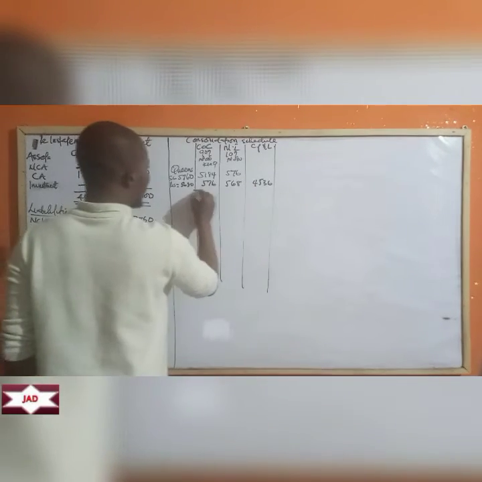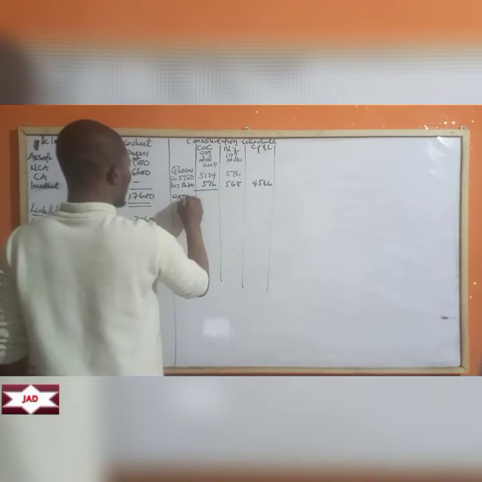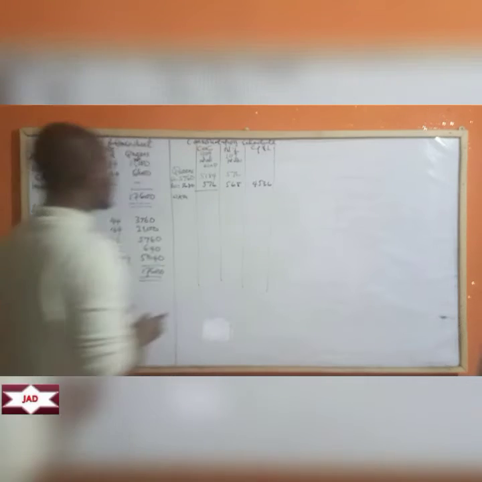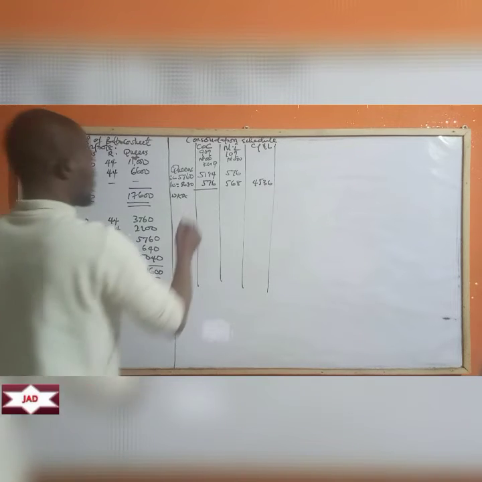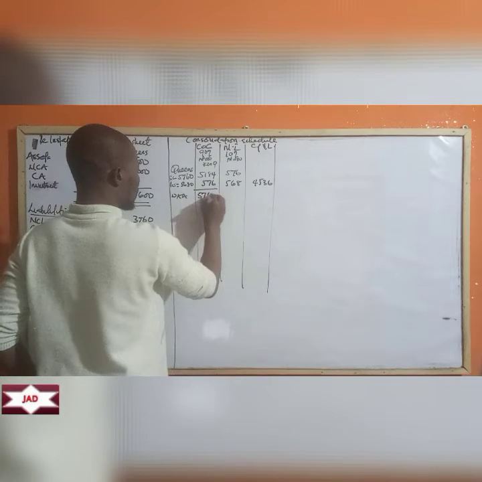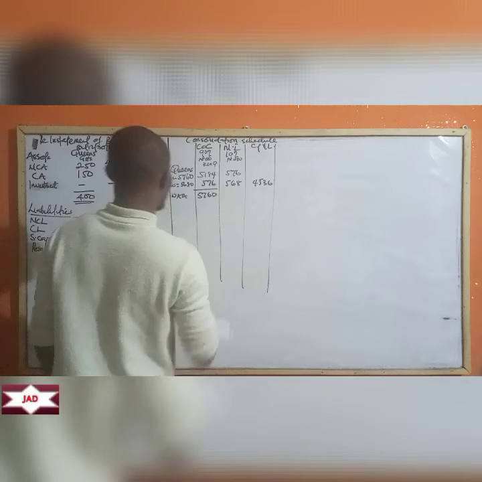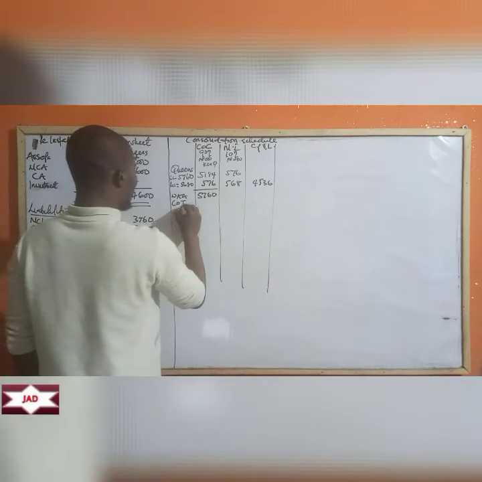So let's go. We have net assets acquired as this 5,184 plus 576, which is 5,760. Okay, so cost of investment.